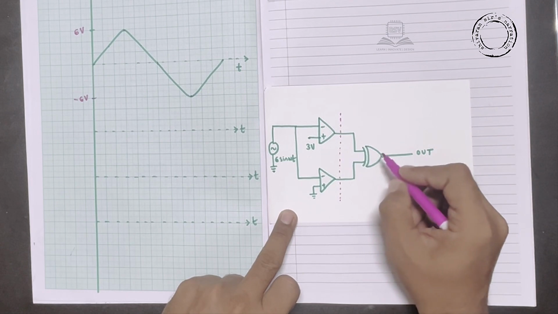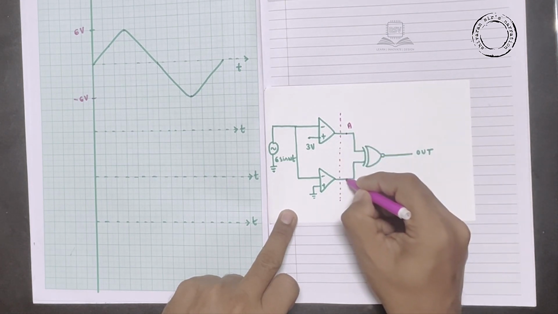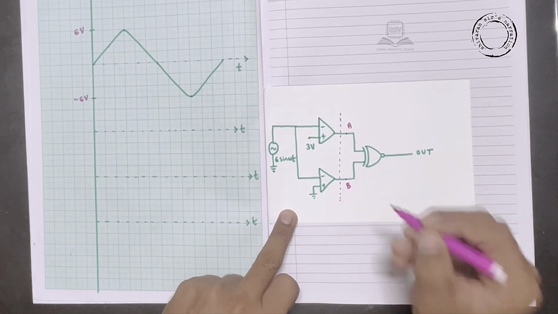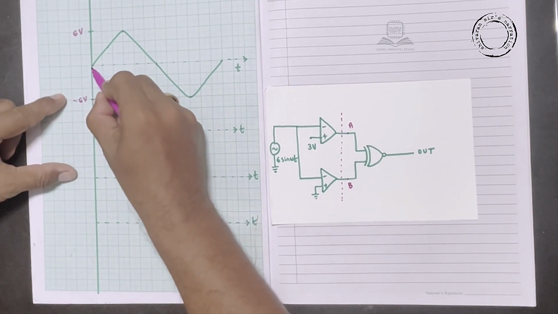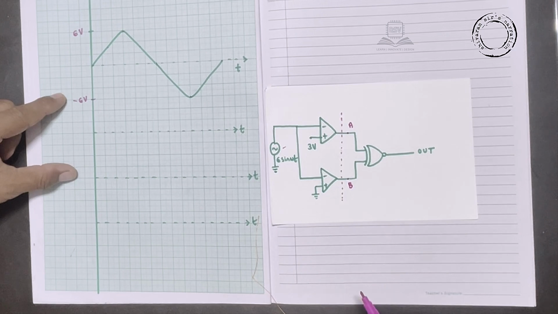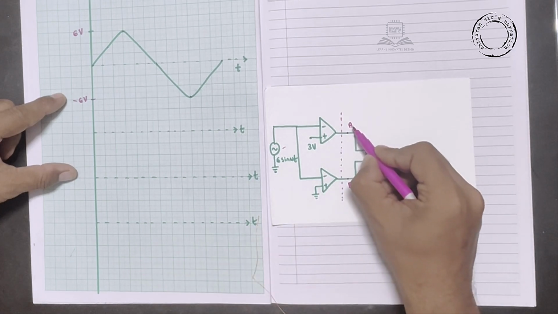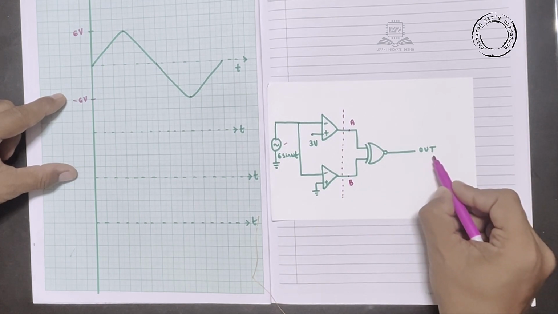The upper comparator output is treated as A, and the lower comparator output is treated as B. Here you can see it is a 6 sin omega t input signal. Now we want to draw the output waveforms for A and B. Later you can draw the output waveform.